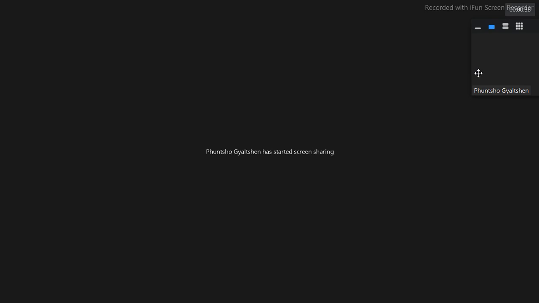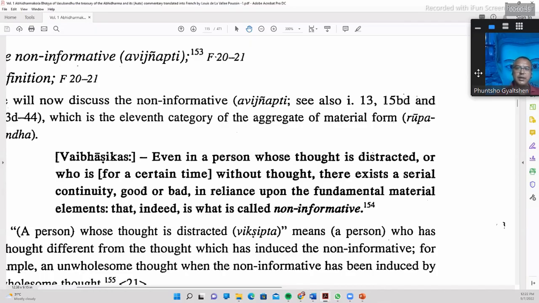Meaning that this assertion regarding non-informative body, Vasubandhu is saying, is something exclusively advocated by the Vaibhasika tradition followers, the realist group. It is one exclusive statement of the Vaibhasikas.